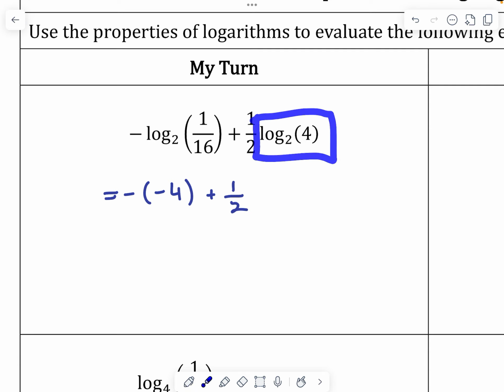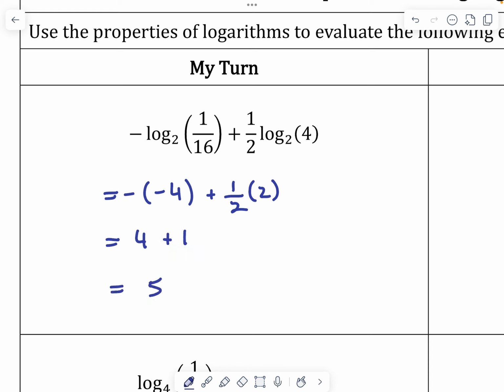What is log base 2 of 4? In other words, 2 to the what power equals 4? That's going to be 2. -4 plus 1 is... half of 2 is 1. The answer is 5. Isn't that crazy, right? This whole thing right here equals 5.